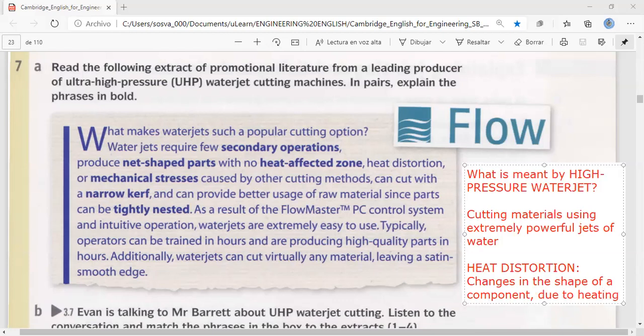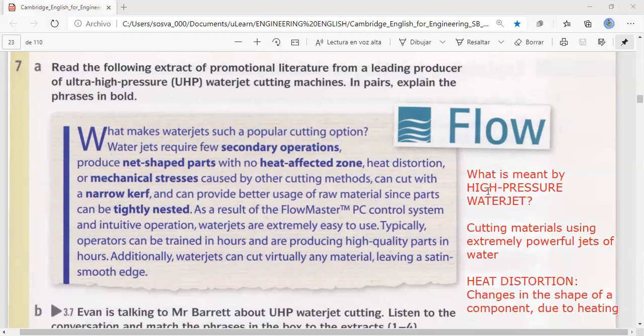I can think of the deformation of different materials like iron when I apply heat. It's a similar idea, a change in the shape or the deformation of a component. Exactly. Great.